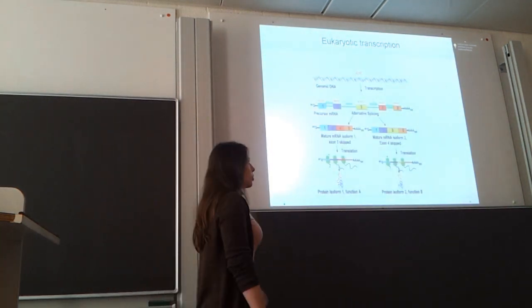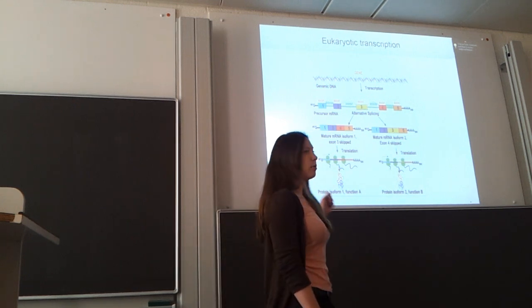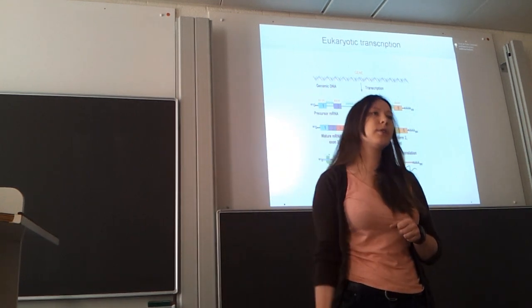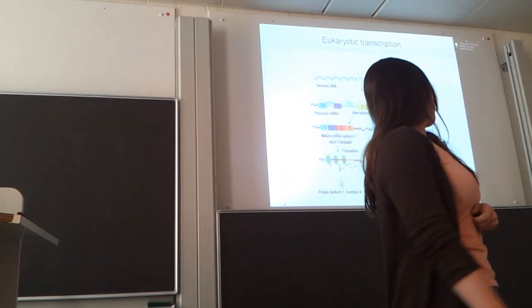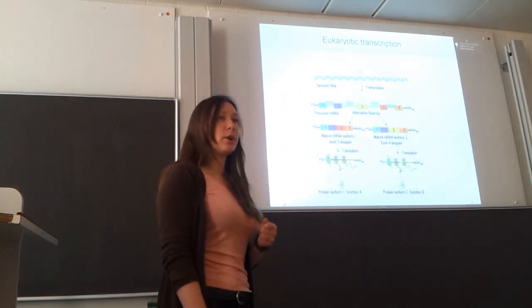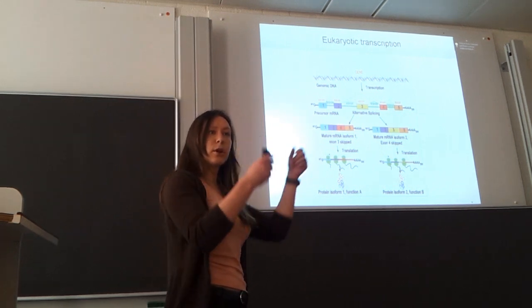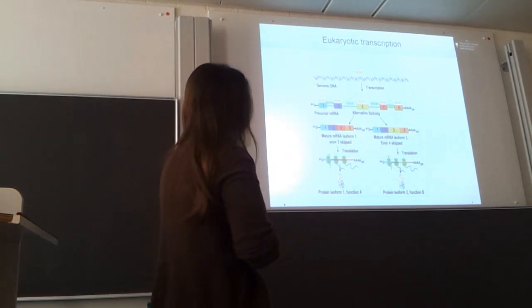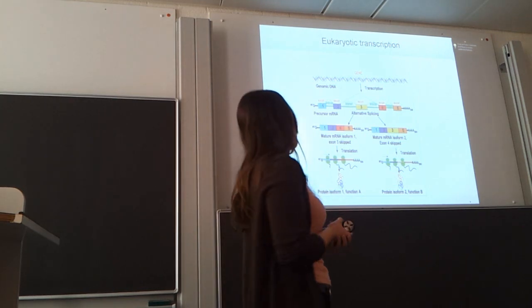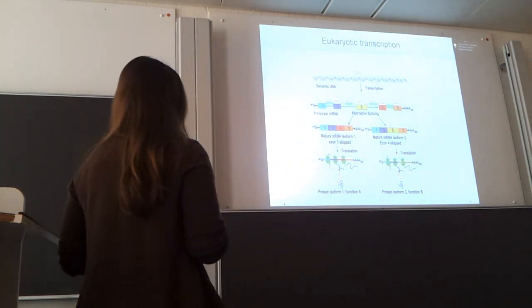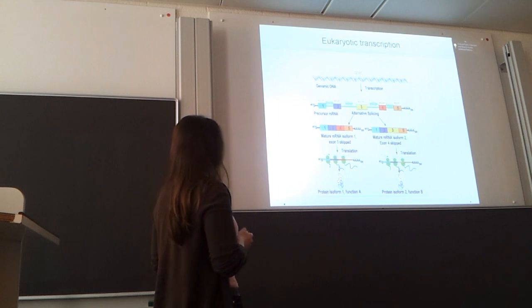So again, the transcription regulators can be located really nearby, but they can be located elsewhere, thousands of base pairs away. And the regulation in eukaryotes is very complicated. It typically involves a complex machinery of proteins that regulate this production of RNA transcripts simultaneously. And again, we have introns, we have exons, which we need to splice.